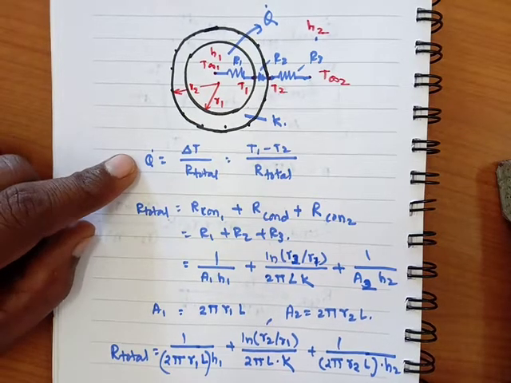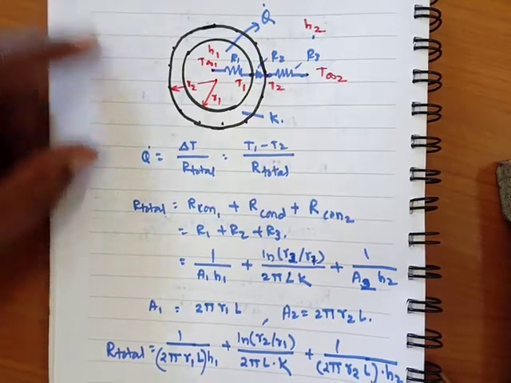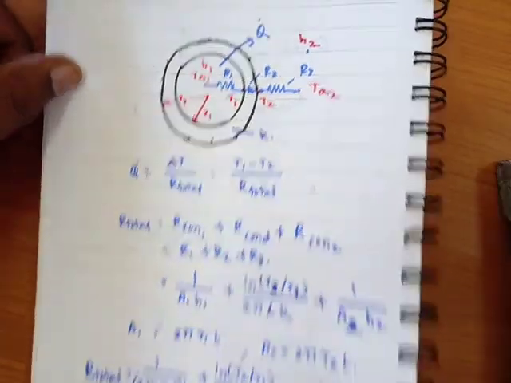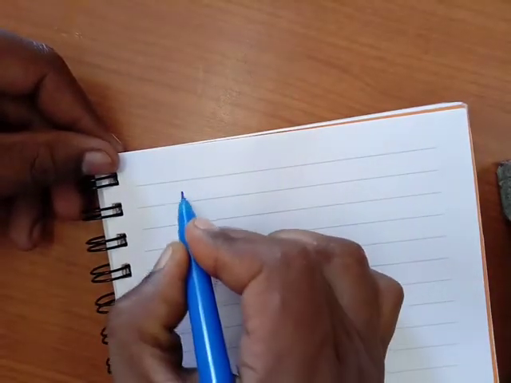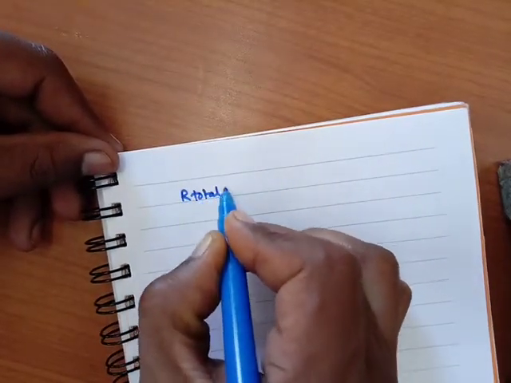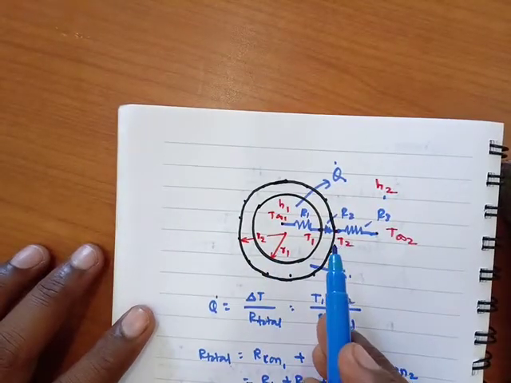Okay. Similarly, if you solve the same for this sphere, this is for sphere. So R total. The thermal network for this sphere is also the same. Okay.